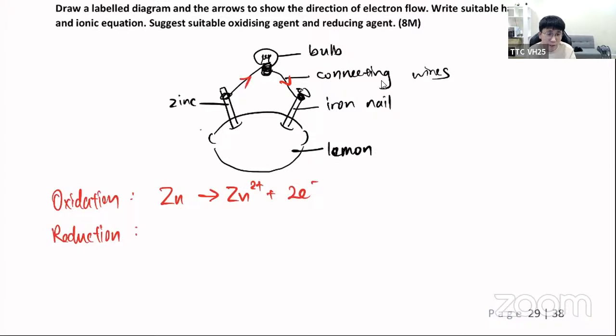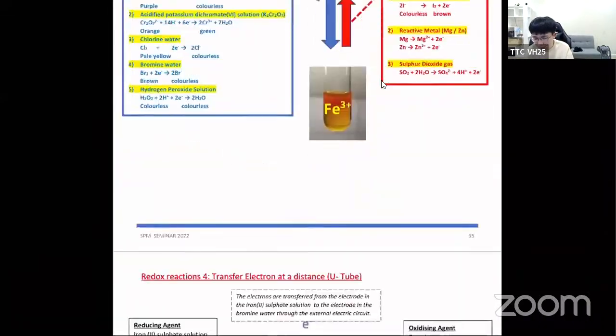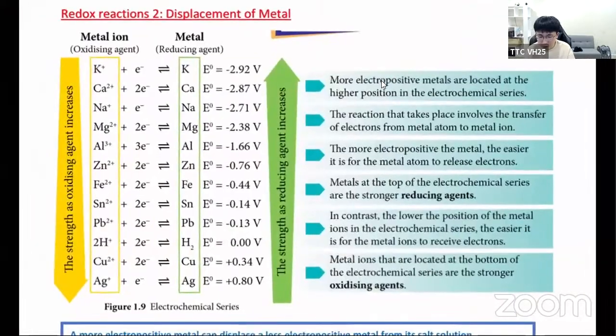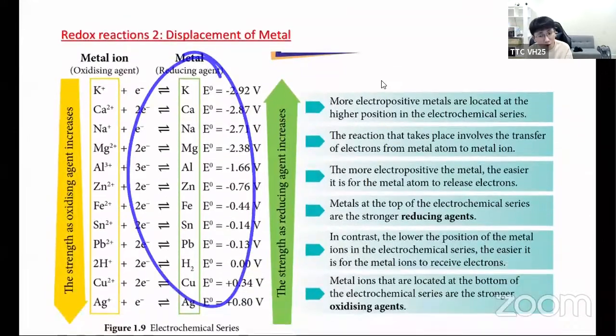Someone asked, how do you know electron flows from zinc to iron? Because zinc is more reactive, iron is less reactive. About the reactivity, you can refer to the notes we have in the front. You can either refer to this table, or you can refer to the electrochemical series that we have in our book, page number 34.